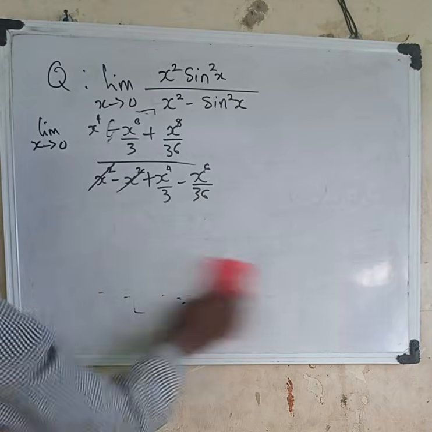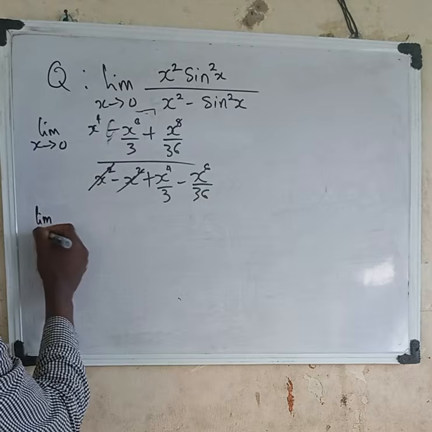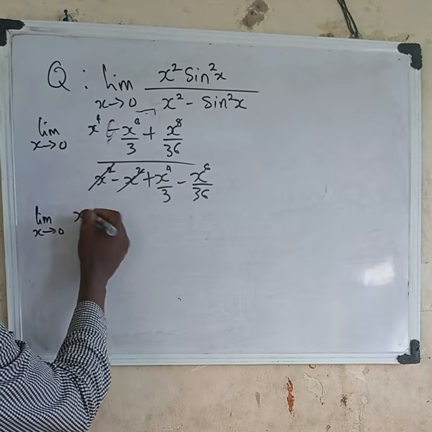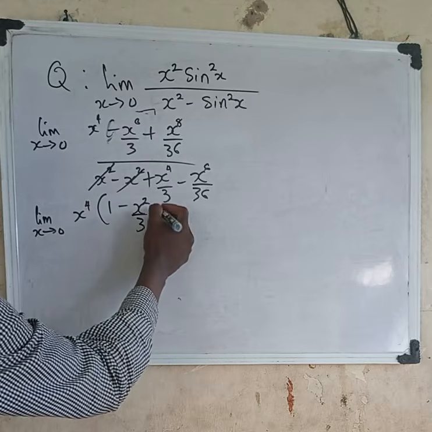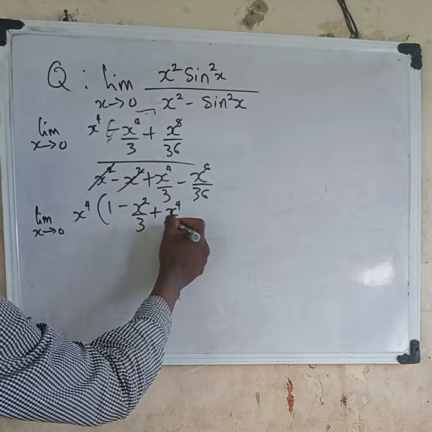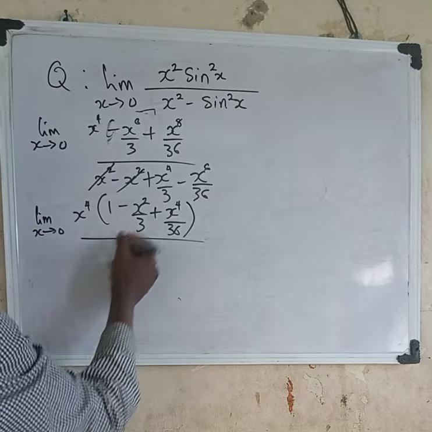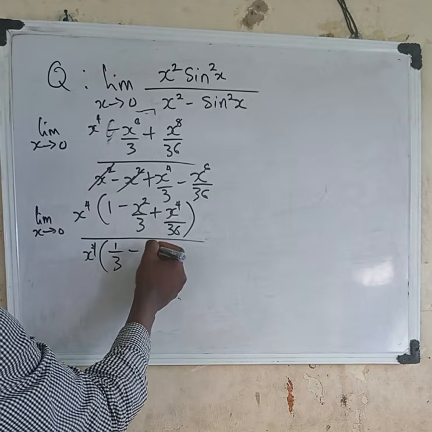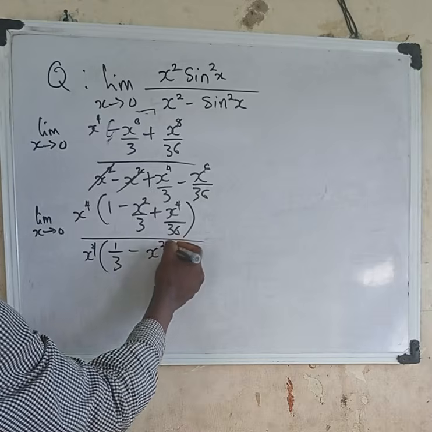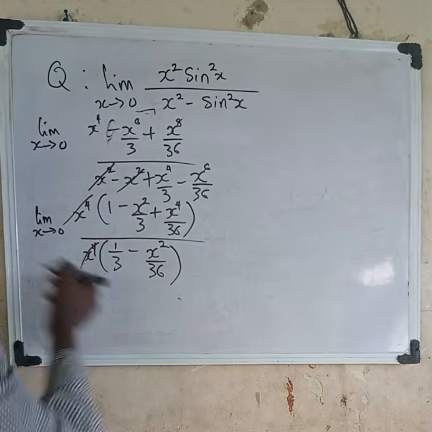We have the limit as x approaches 0 of x to the power of 4 times bracket 1 minus x squared over 3 plus x to the power of 4 over 36, then all divided by x to the power of 4 times 1 over 3 minus x squared over 36. So this can cancel this.